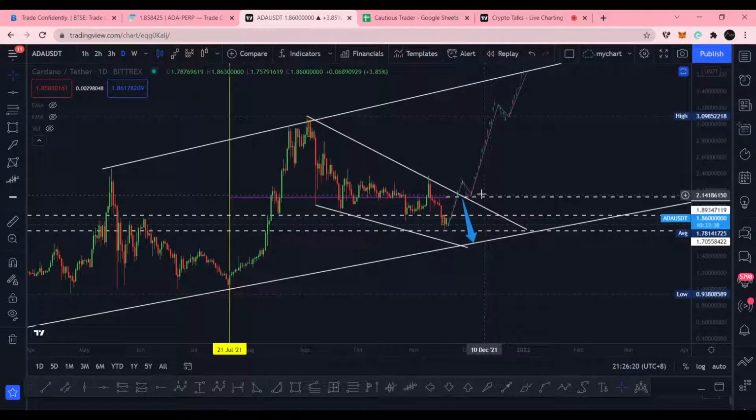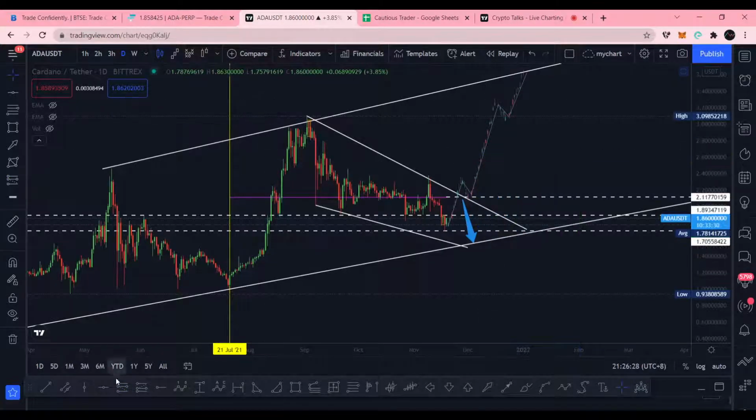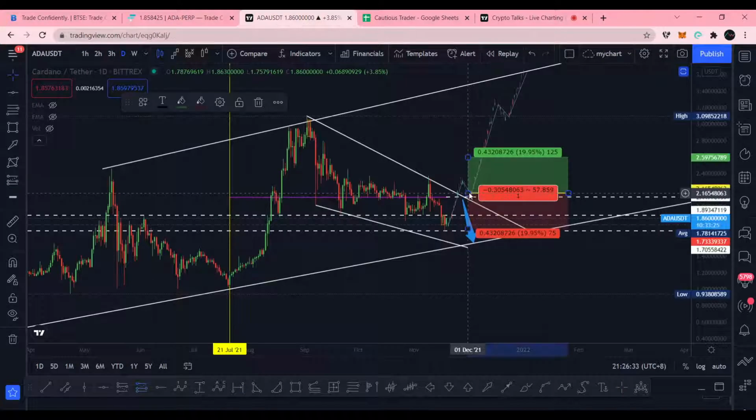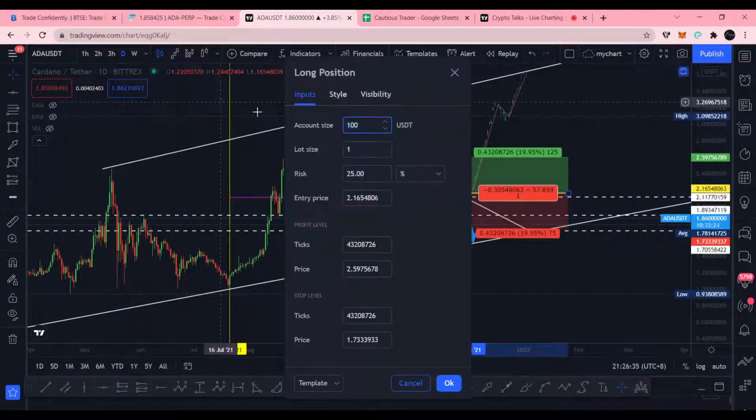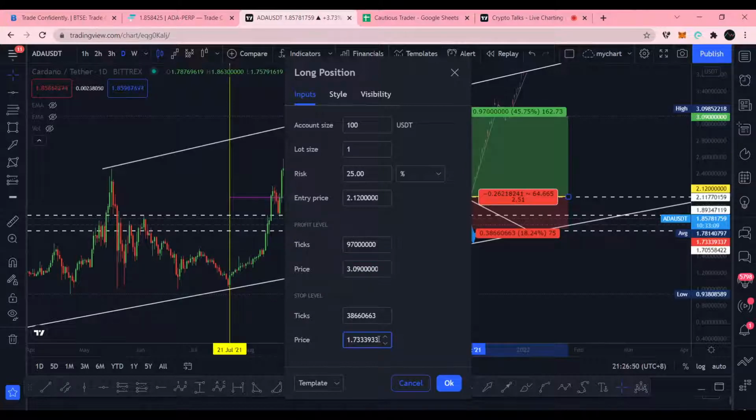So measuring the 2.12, oh, this is short. 2.12, TP area is 3.10, 3.09, and then 1.89.